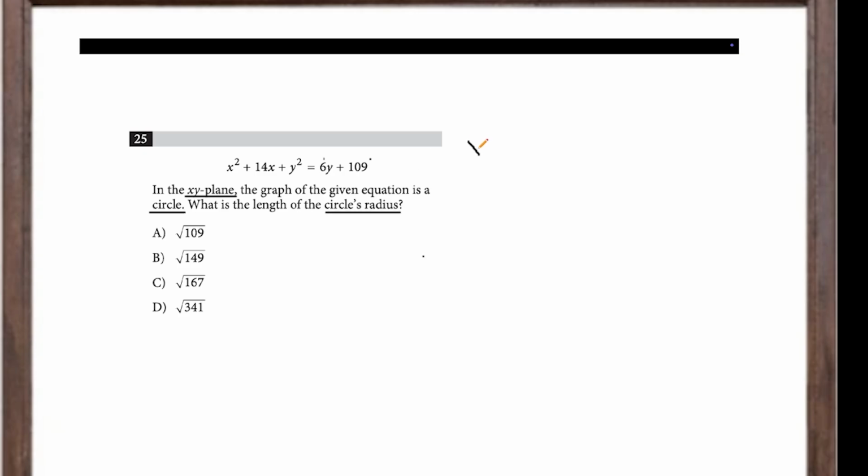So I'm going to draw the equation that was given to us. So we have x squared plus 14x plus y squared is equal to 8y plus 6y plus 109.